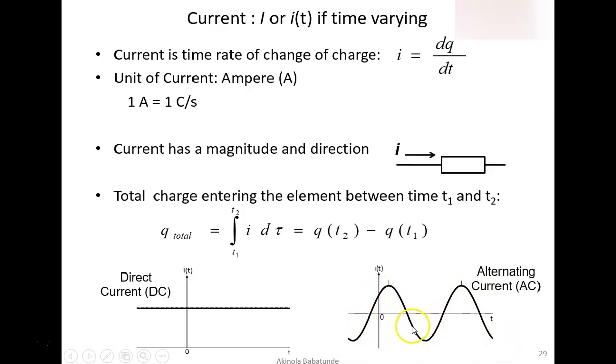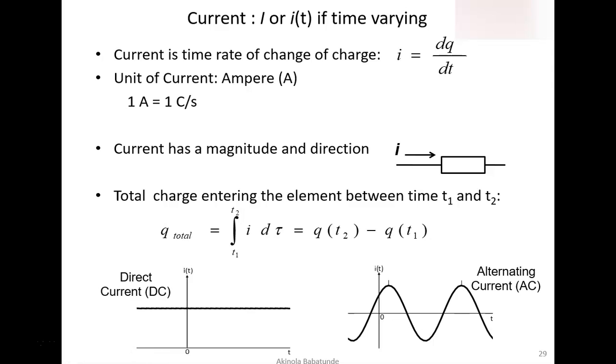The current is sinusoidal, like a wave. It has a wave-like motion, so it is called sinusoidal. So that's one of the major differences between alternating current and direct current.